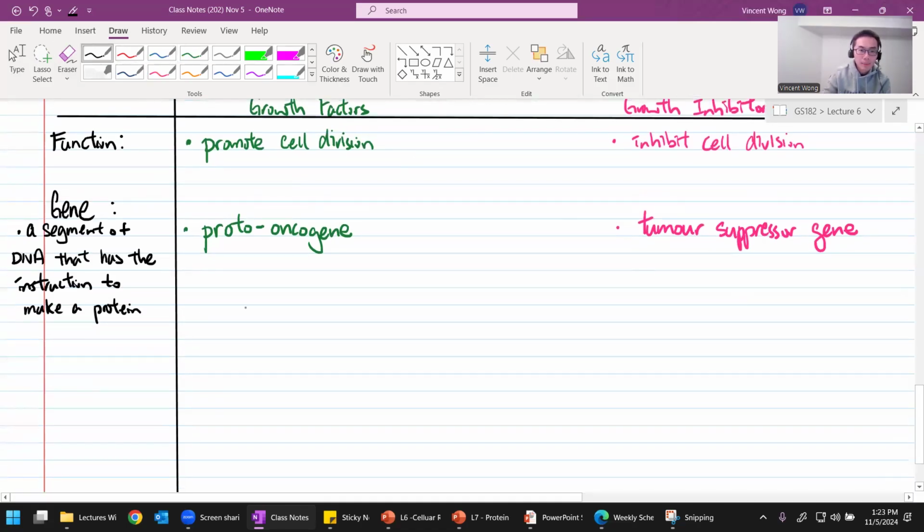Okay, so normally, on the chromosome, the father and the mother copy, you're going to have two of these genes. We have two sets of every gene. So you have a proto-oncogene here and a proto-oncogene here. Same thing for the tumor suppressor gene. So in other words, you are going to be able to make a pair of green lights, if you would.